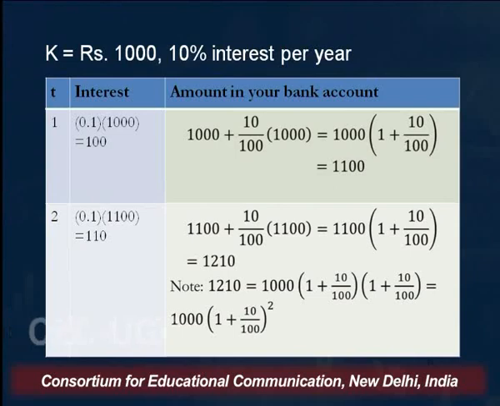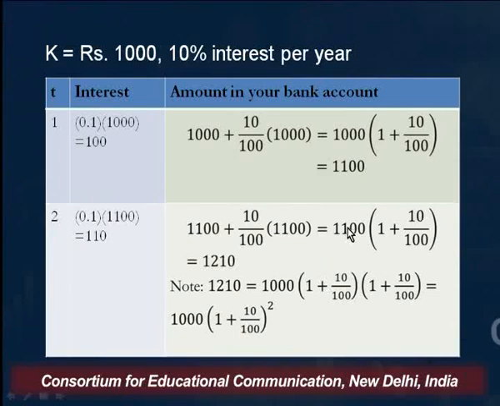1210. Mathematically, this can also be written as follows, because we have just said that 1210, in this case I can take 1100 common, so 1100 times 1 plus 10 by 100 is equal to 1210. Now note here, 1100 from the previous row is 1000, which is your principal amount, times 1 plus 10 by 100.